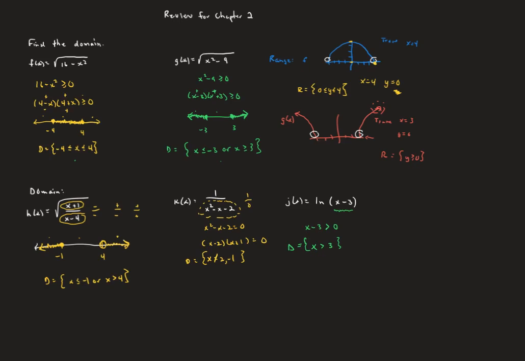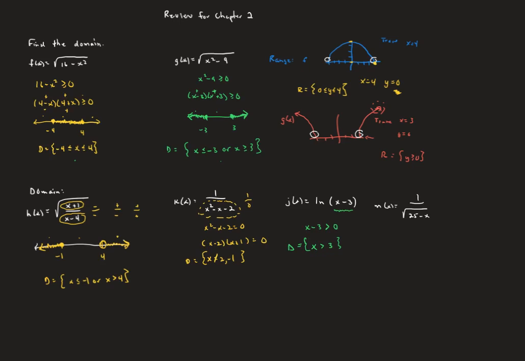So if we do another example, say m of x is equal to 1 over the square root of 25 minus x. So the issue here now is two things.